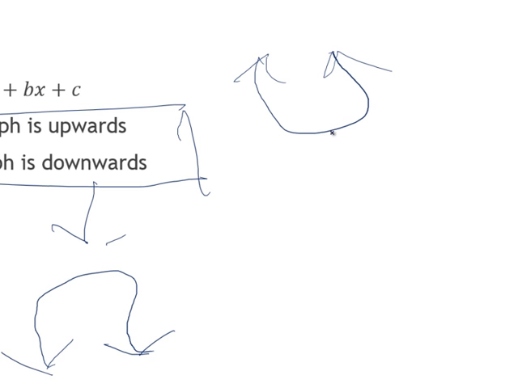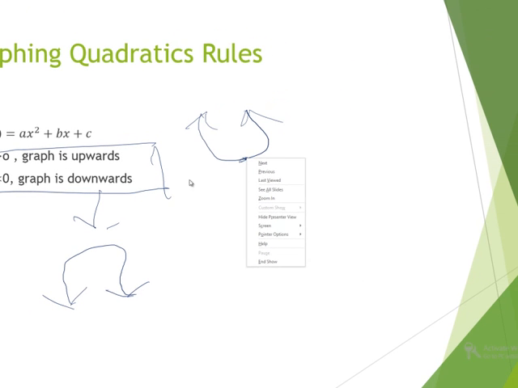Now this point is the minimum point of the graph, and this is the maximum point of this graph.